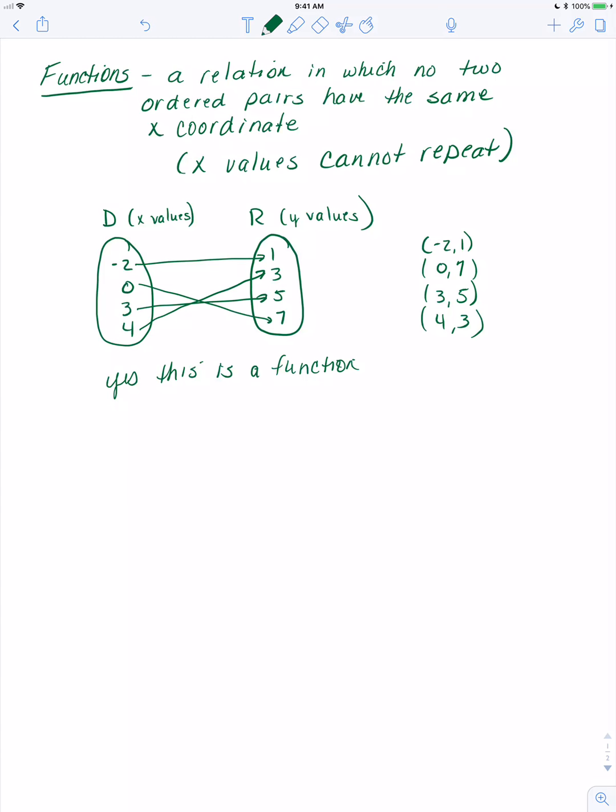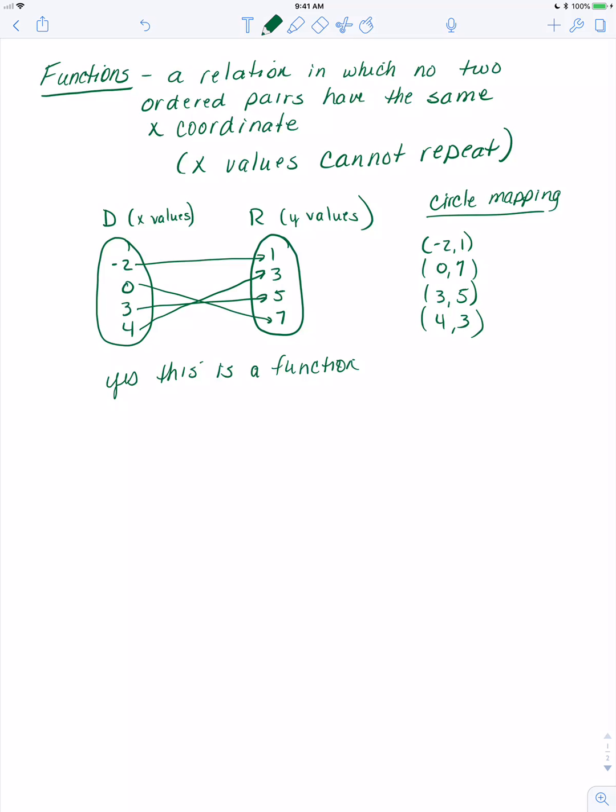And so we can say this is like a circle mapping. And you can just do these any way that, this is listing. So this would be our circle mapping. This would be our list of ordered pairs here, just listing all the ordered pairs in that relation.